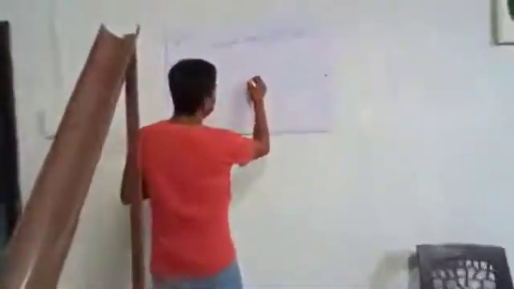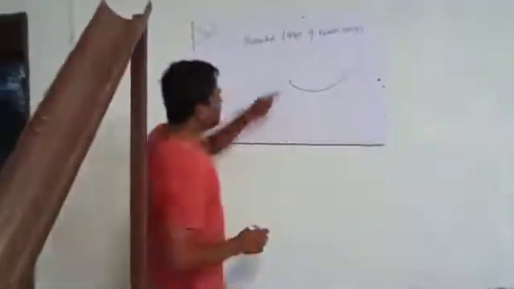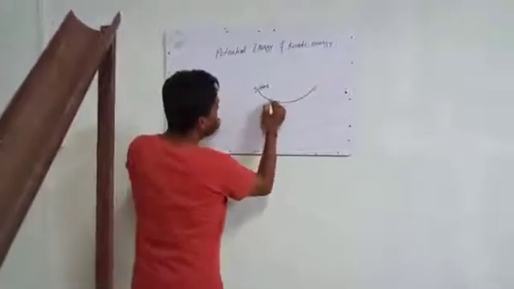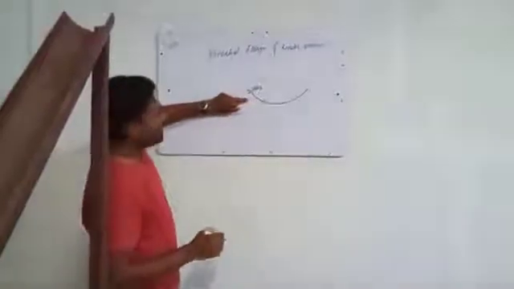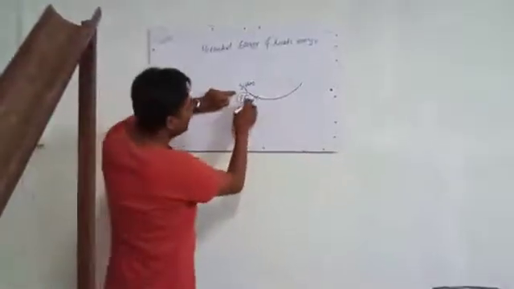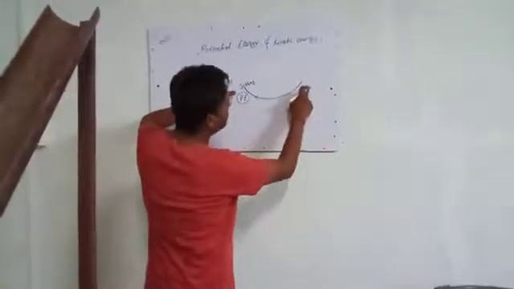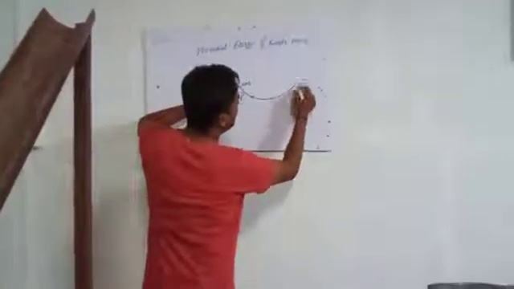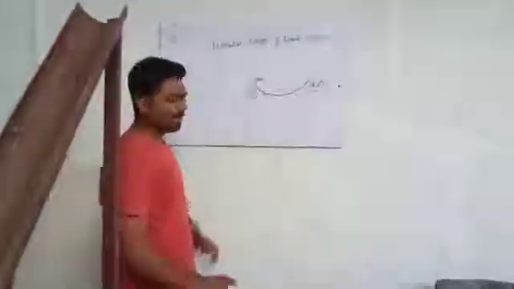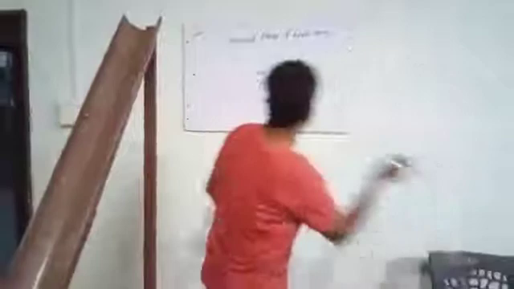For example, you can see this is the type of swing. If you are sitting here, the force is acted on this position and potential energy gets stored here. Once the force is released, what will happen? It will change into kinetic energy. So this will continuously go on. Okay, I hope this part is clear to you.